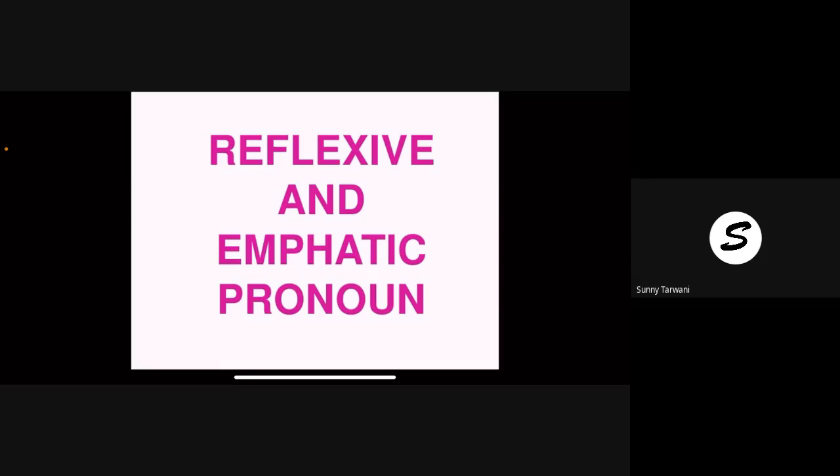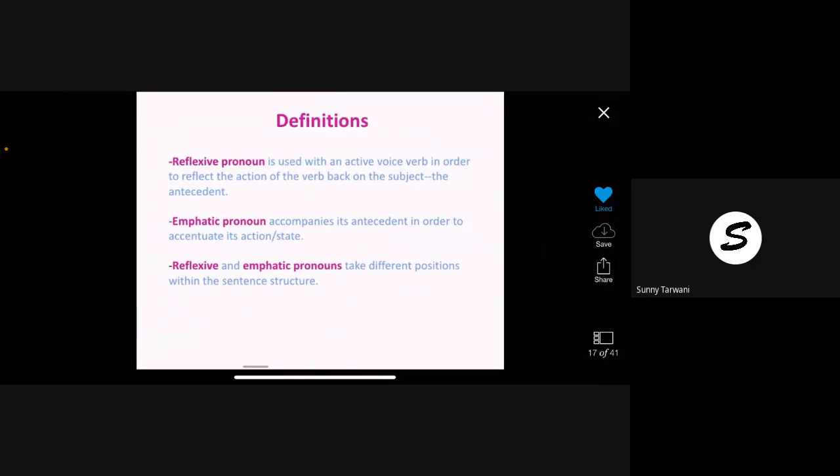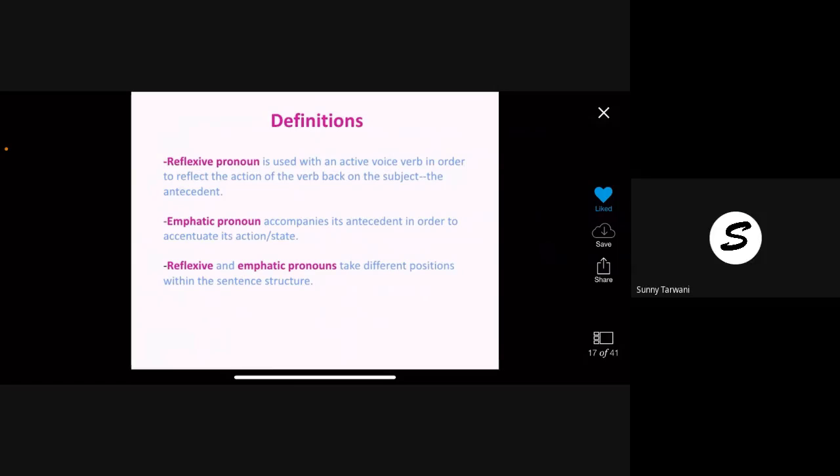They are just present over here, but actually they are absent. Reflexive and emphatic pronoun. I read. Yes, read.